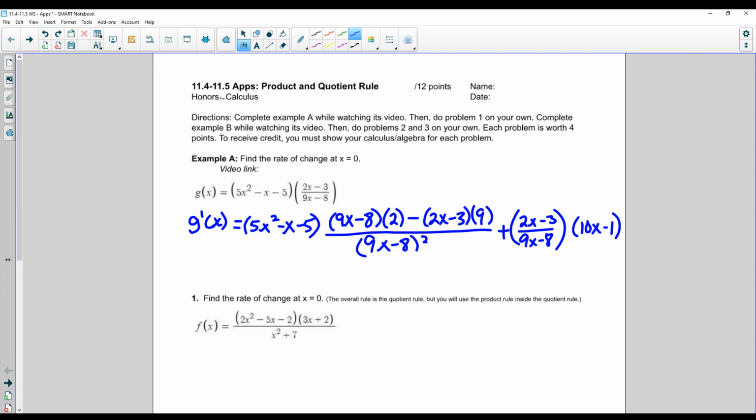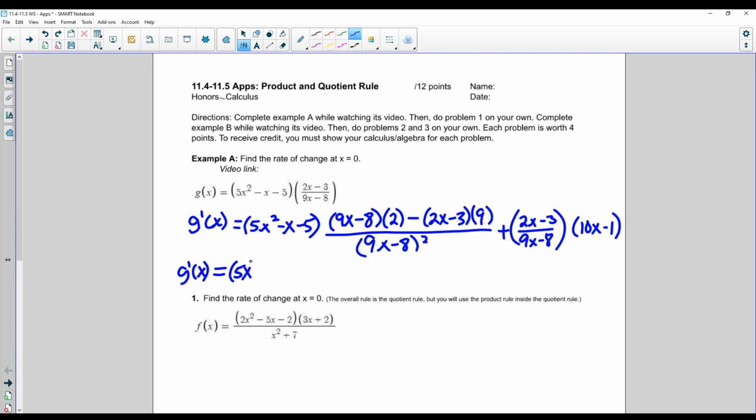I'm going to simplify it a little bit because I got a lot of like terms. So I'm just going to distribute some stuff here to simplify it a little bit. And I'm doing that just for my sake, just trying to make life a little easier on me.